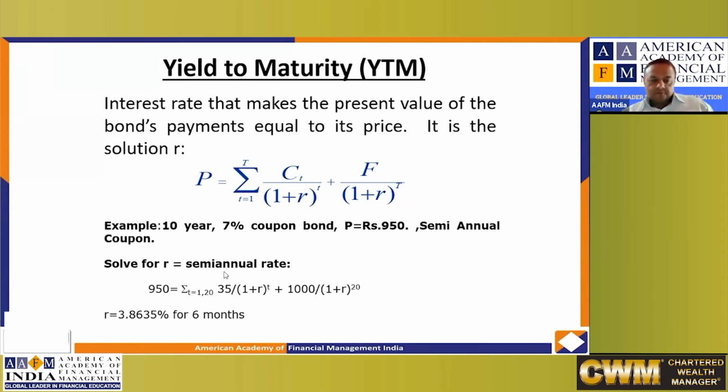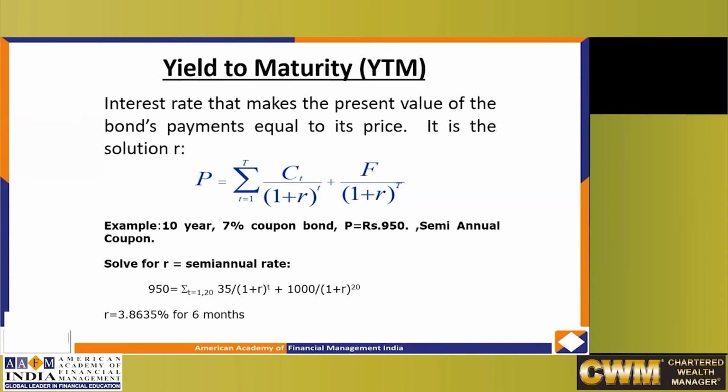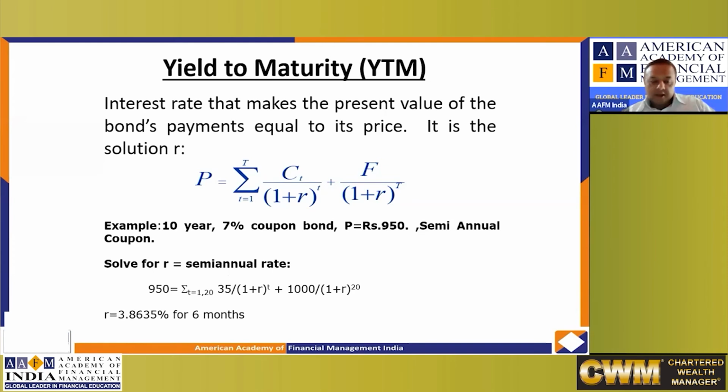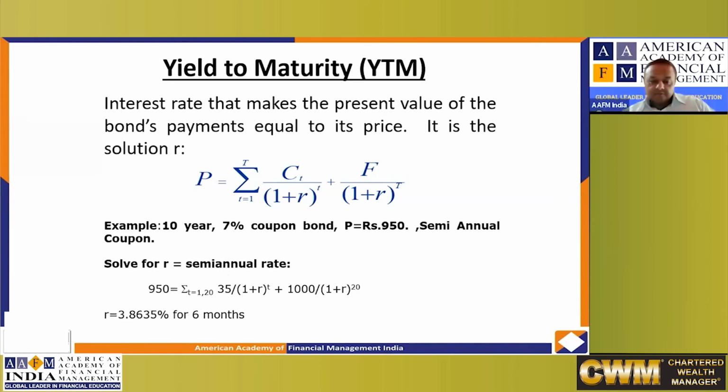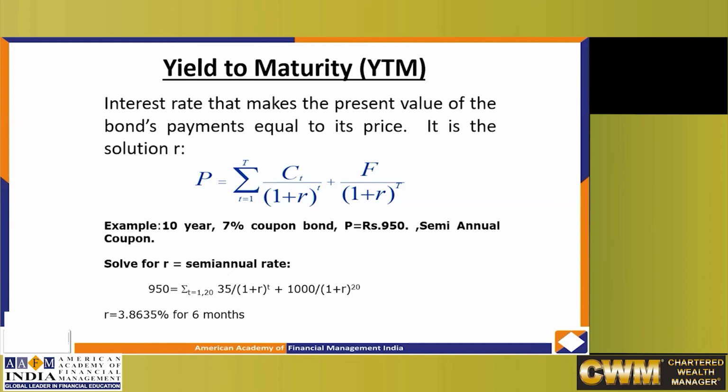Now what do you get? 7.876. And this would be 7.876 per annum compounded annually. So this is the effective annual rate. Yes or no?